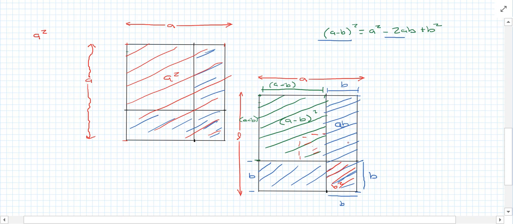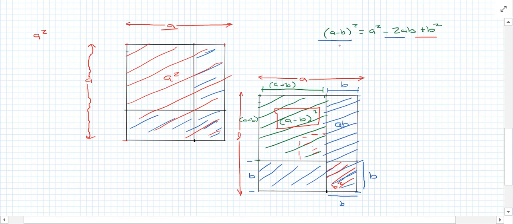So because we've taken it off twice, we have to add it back on, plus b squared. Essentially, this formula tells us that this shape, (a minus b) squared, is contained within a larger square called a squared. To get it out of the larger square, we take away these bits, and then add on this extra bit because we've taken it off twice.